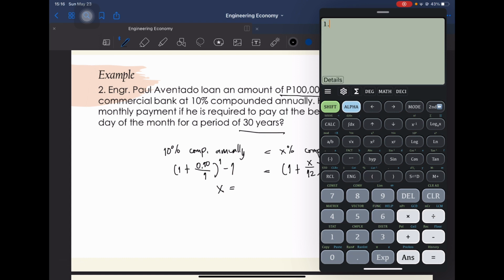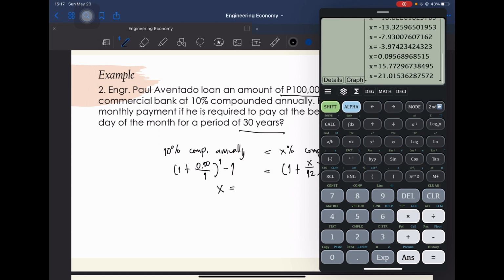I can just write 0.10 on the left side, since it's the same anyway. Equals 1 plus X over 12, raised to 12, minus 1.